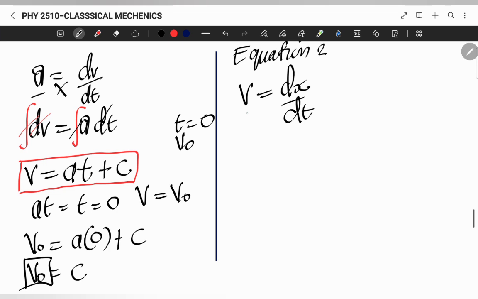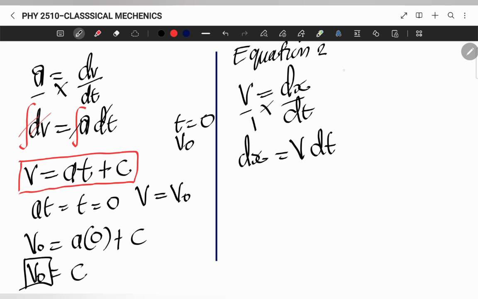So if we play with mathematics here, cross multiplication, wanting to make x the subject of the formula, it will be dx is equal to v dt. When you reach this point, you will remember that you've derived the first equation. In fact, all the equations come from these first two equations.